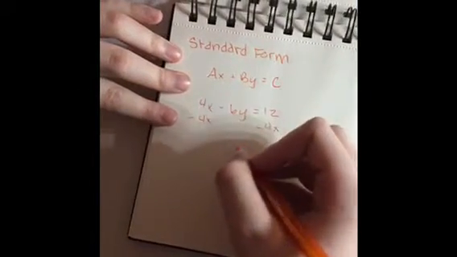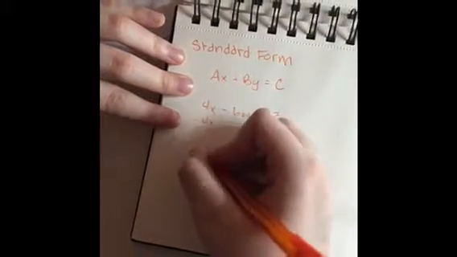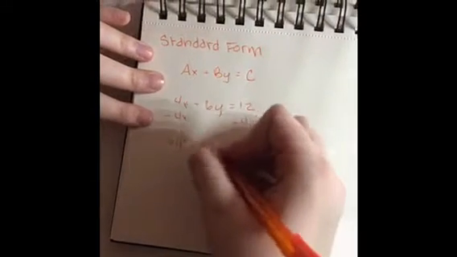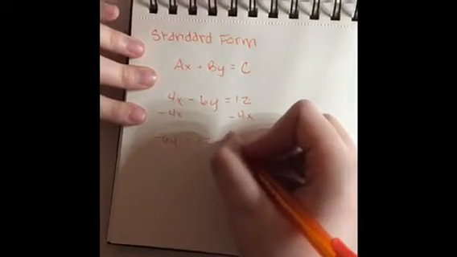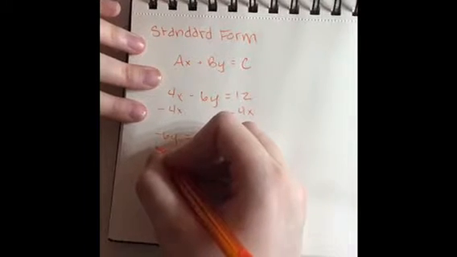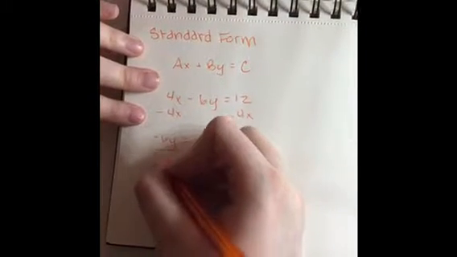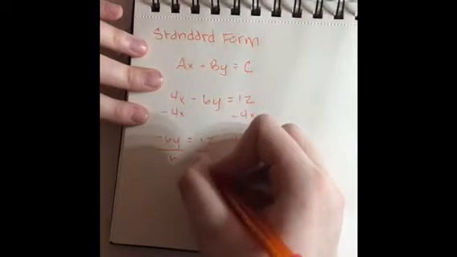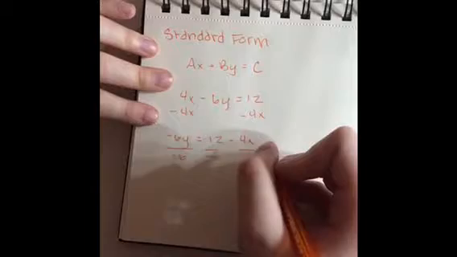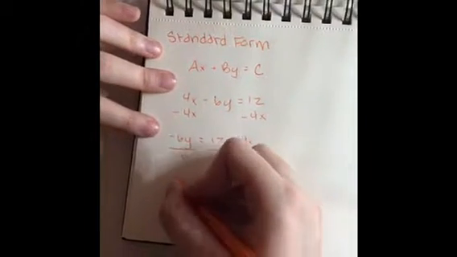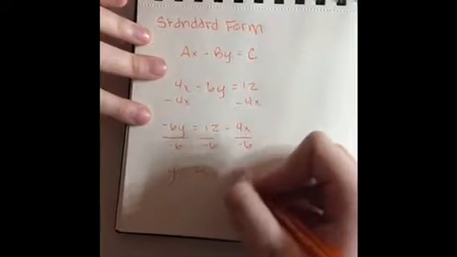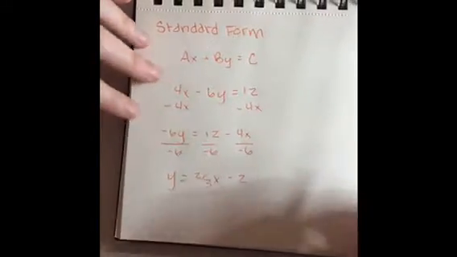And once you minus 4x, the equation is going to look like this. To get rid of the 6y, you're going to divide it by negative 6. Then you get y equals 2/3 x minus 2 for your answer.